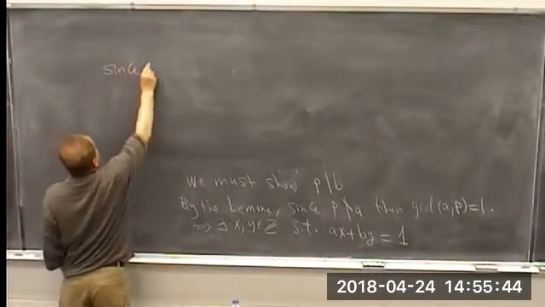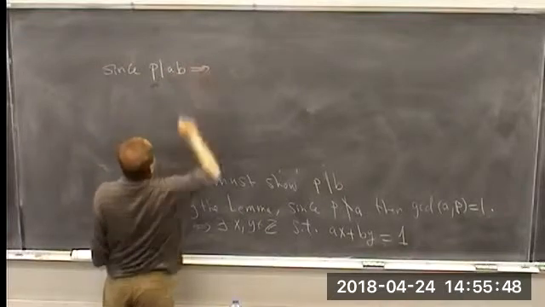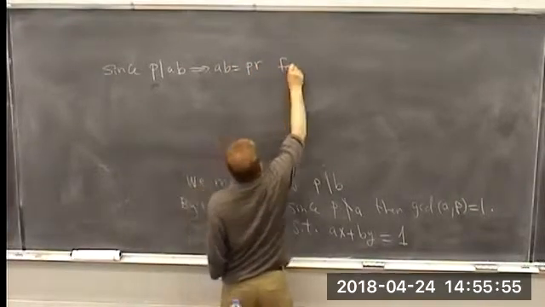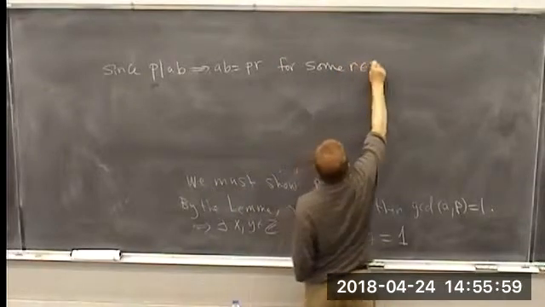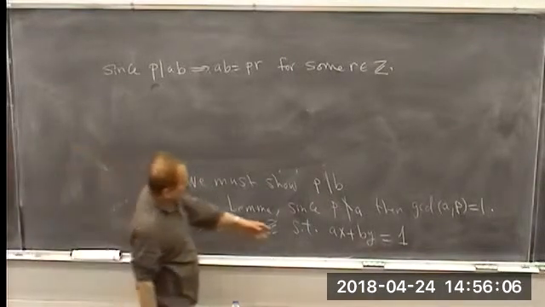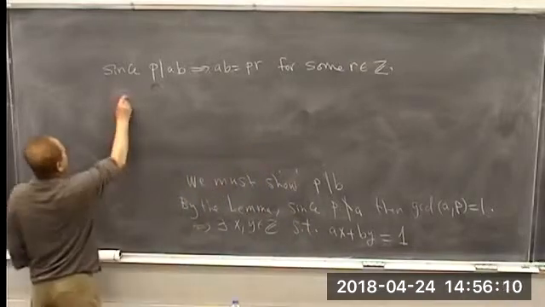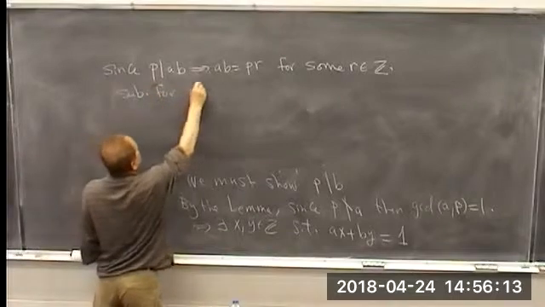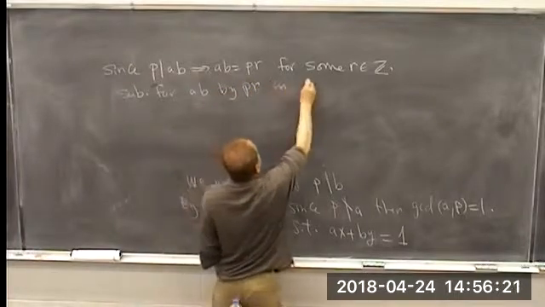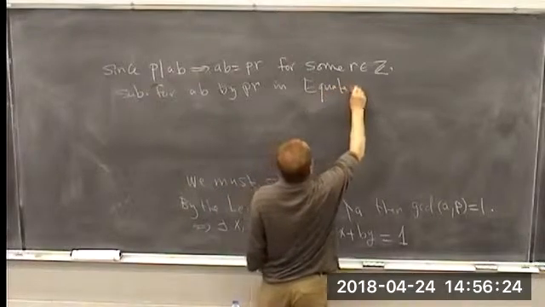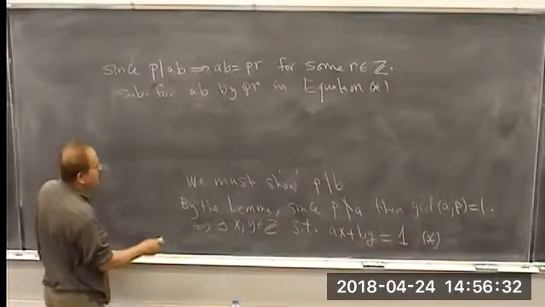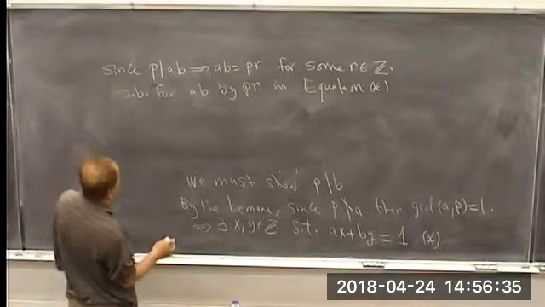Since P divides AB, this implies that AB equals PR for some R in Z. Now let's substitute for AB in that last equation. I put a star on this equation.